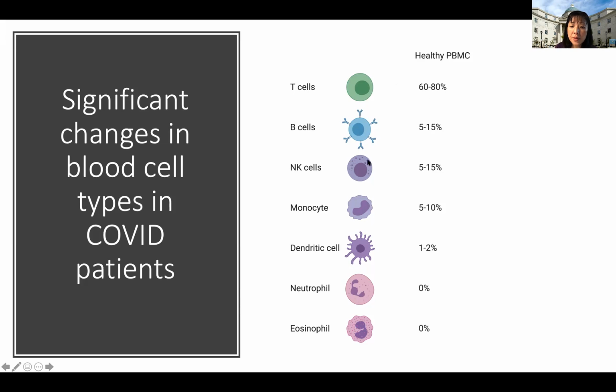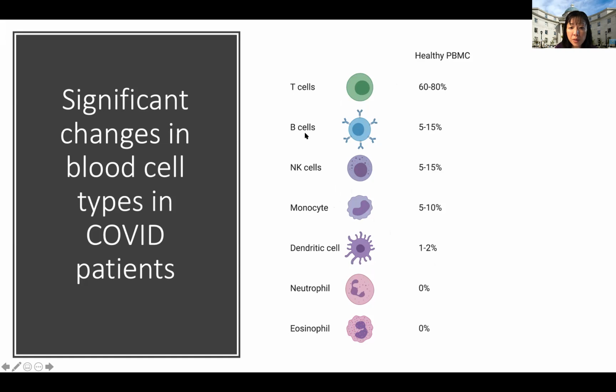And B cells and NK cells, these are other types of lymphocytes that you find in the blood. And monocytes, these are myeloid cells that are circulating in the blood for patrolling potential infections, and dendritic cells, which are a small fraction of the PBMC, important in stimulating adaptive immune responses.